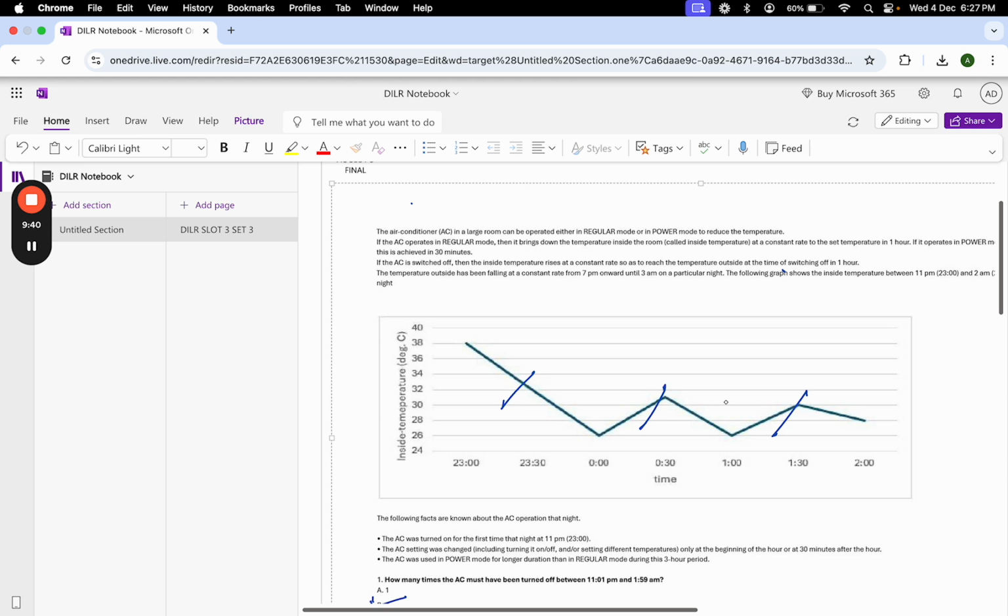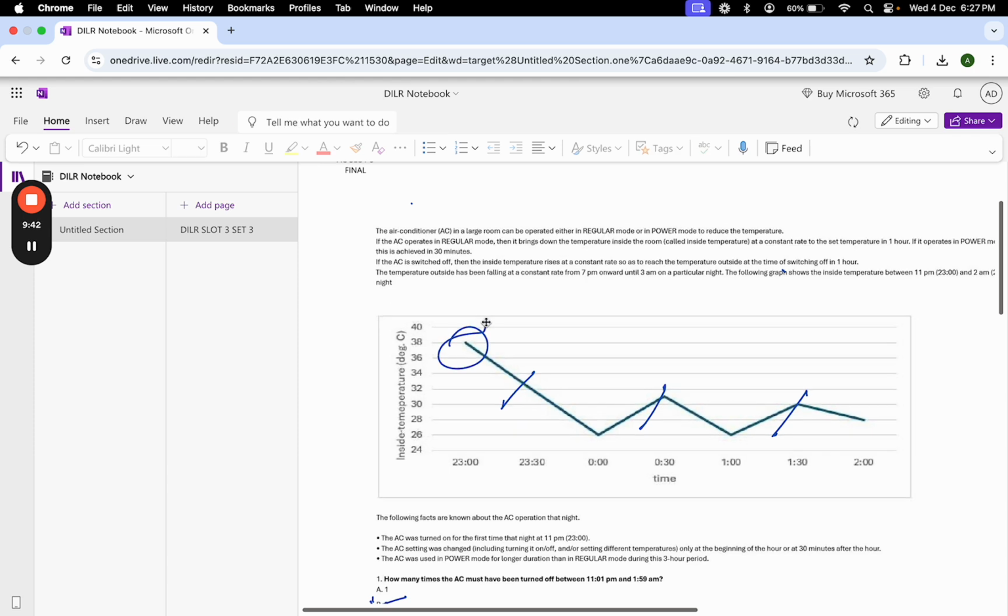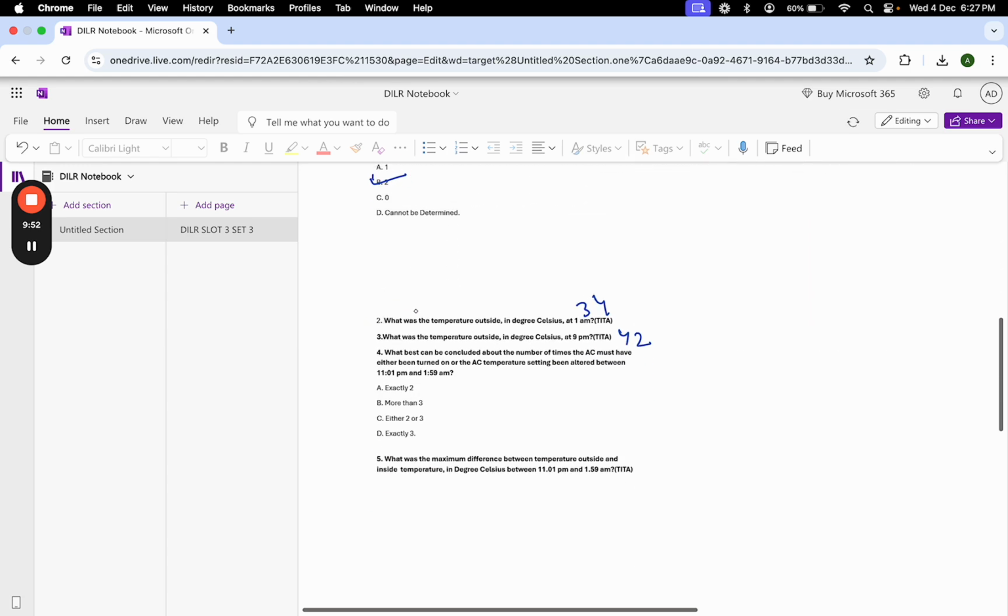This is what we know. This switch on would not be considered since the time is 11:01 p.m. and this was switched on at 11 p.m. So if you would not have taken this time thing very carefully, you would have marked more than 3, but the answer is exactly 3.